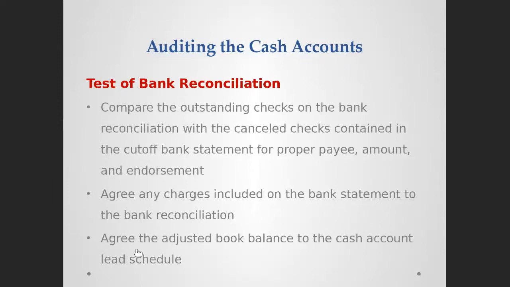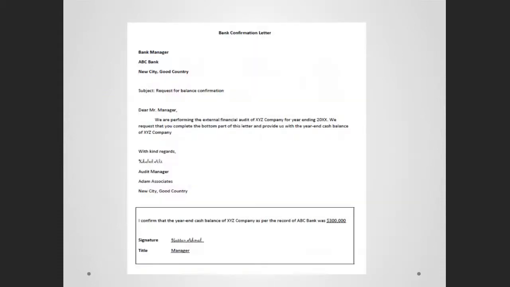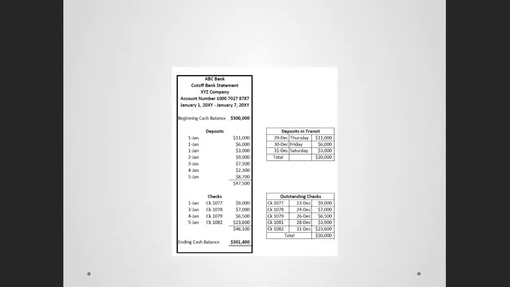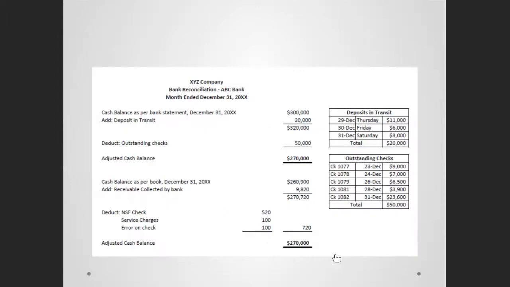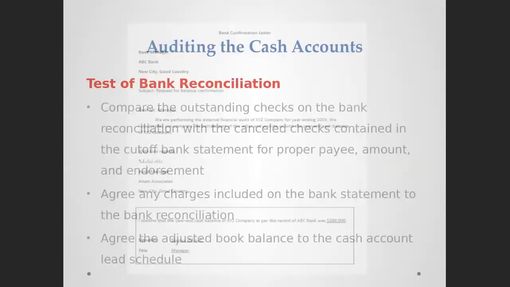The last thing here is to agree the adjusted book balance to the cash account lead schedule. What is the adjusted cash balance on the bank reconciliation? 270,000. Very good. This number should be the same in the lead schedule.